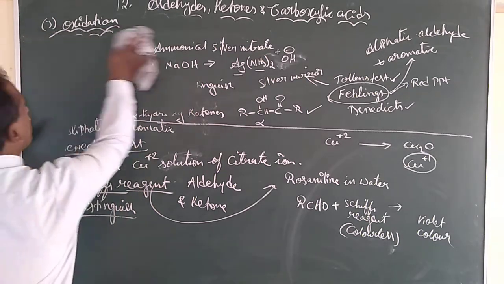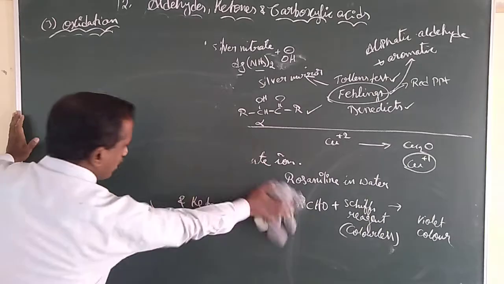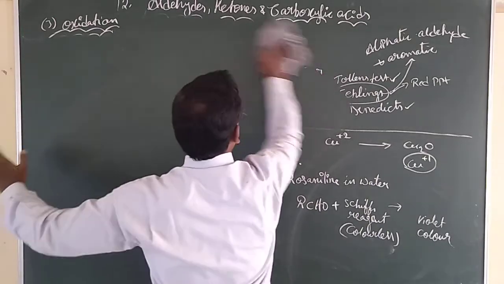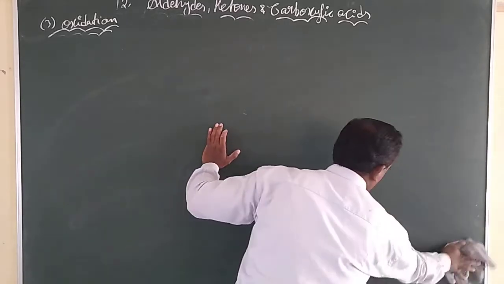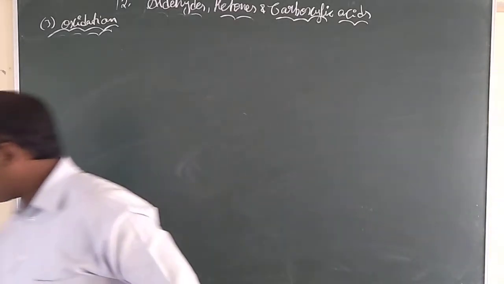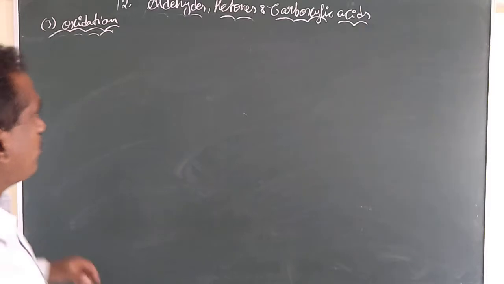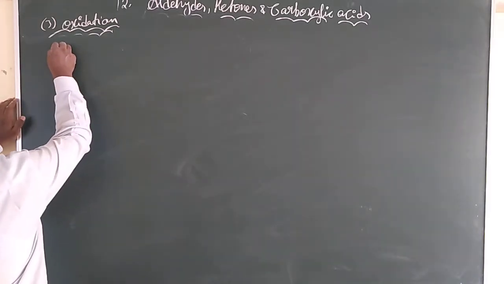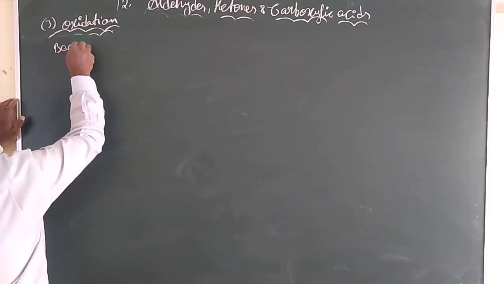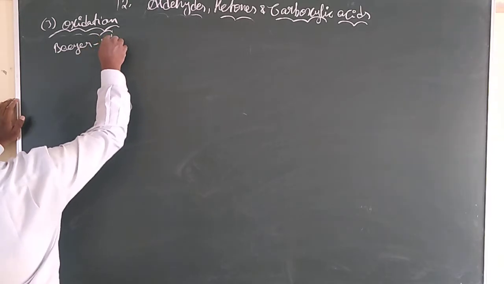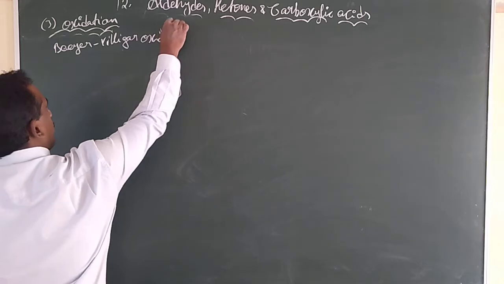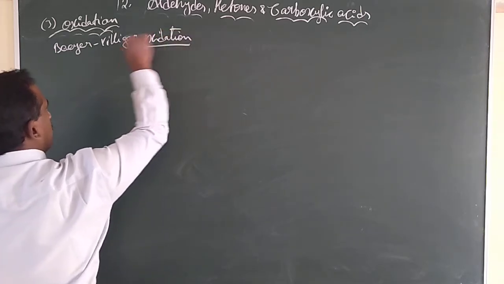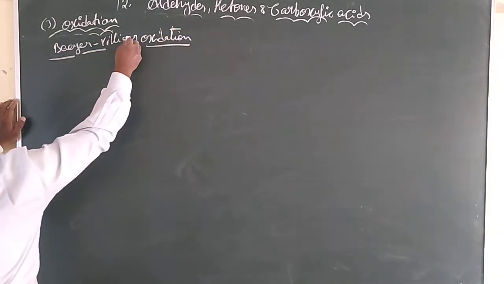Like Baeyer-Villiger oxidation. One of the main reactions is called the Baeyer-Villiger oxidation. So see the third one. Very important here is the named reaction Baeyer-Villiger oxidation. What is meant by Baeyer-Villiger oxidation?